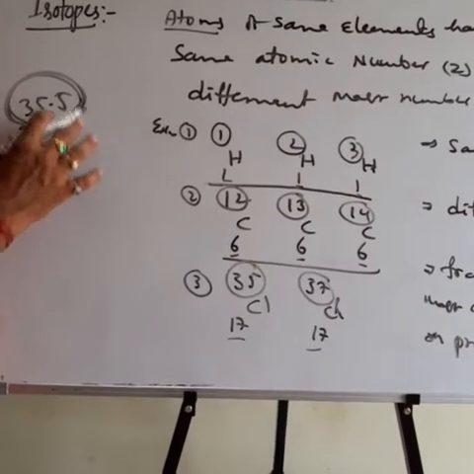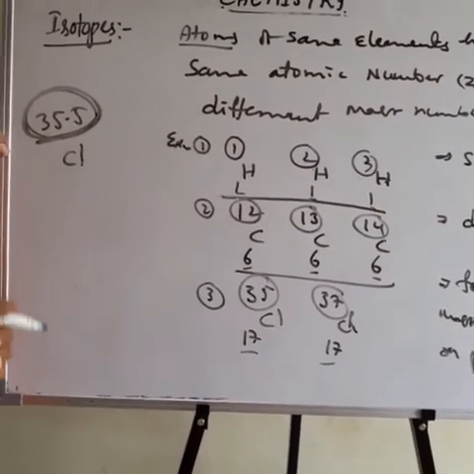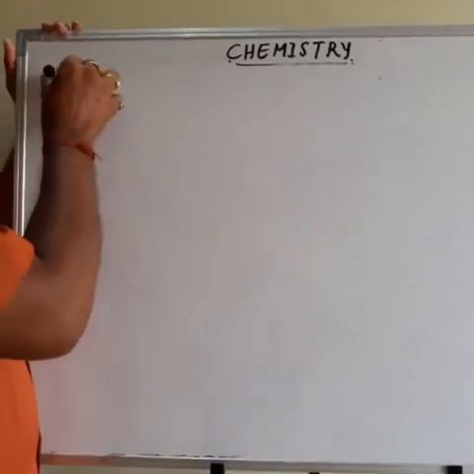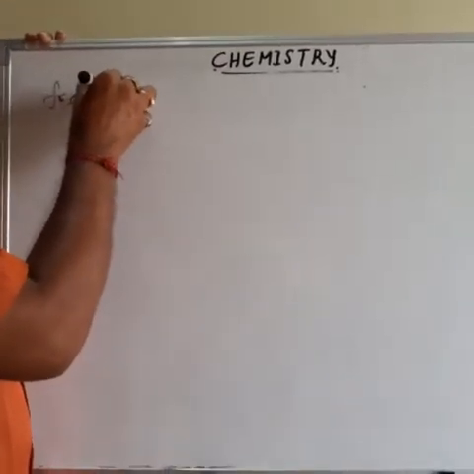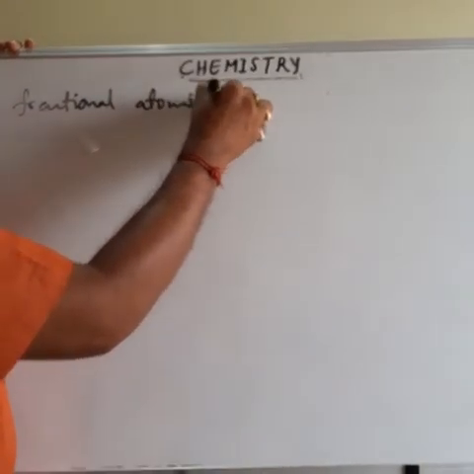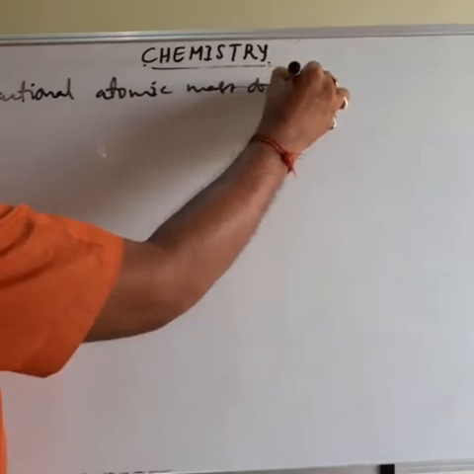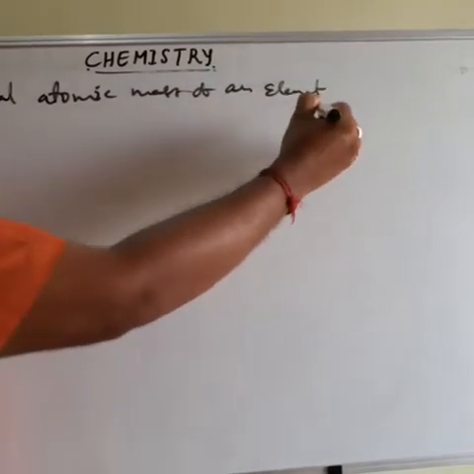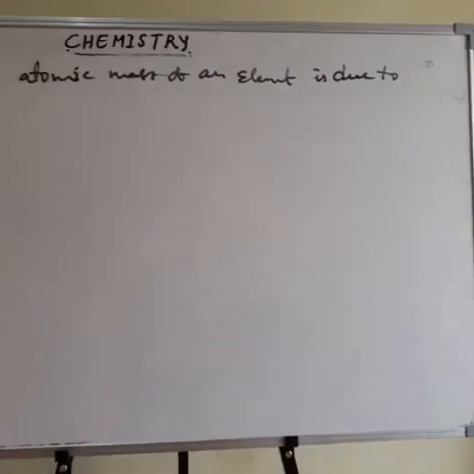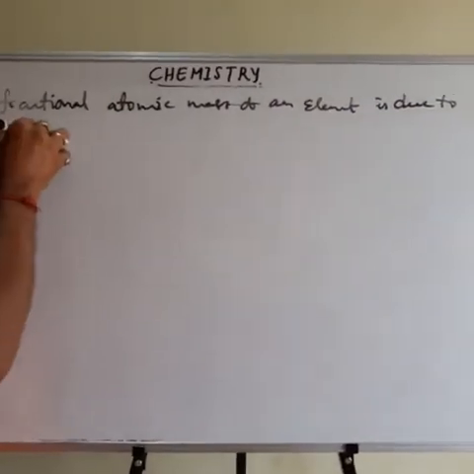Okay, then how to find out the fractional atomic mass of the element? That is next. The fractional atomic mass of an element is due to the presence of isotopes.